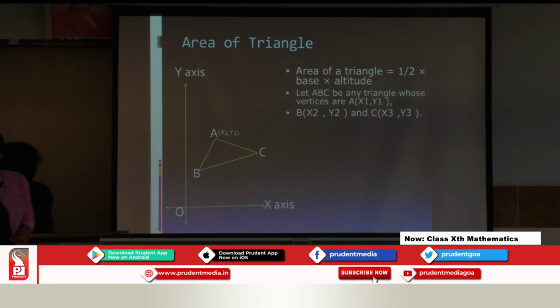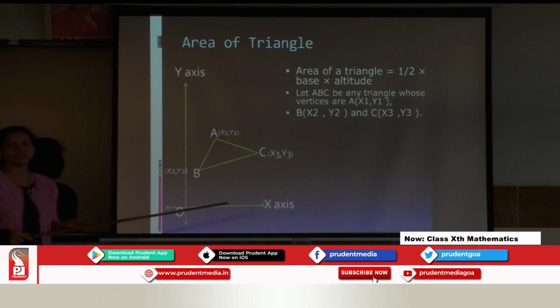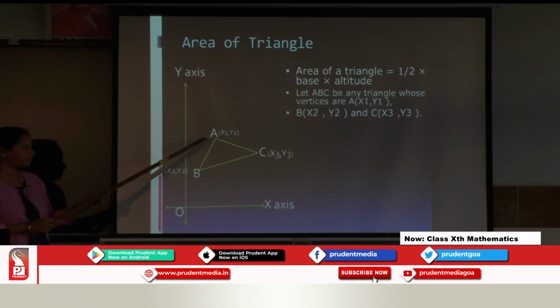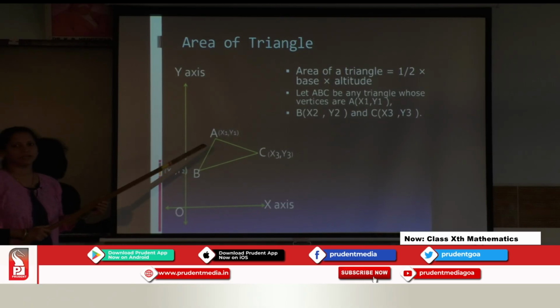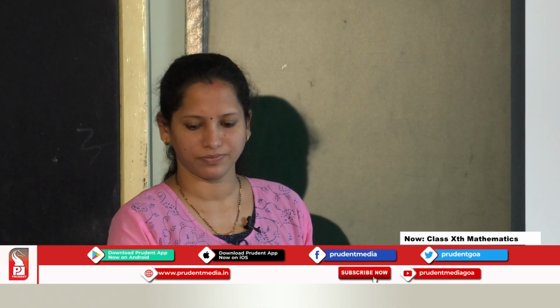If you know these coordinates, then we can find AB, BC and AC using the distance formula. After getting these sides, we have to use Heron's formula. So it will be tedious work, so we have to find some easier way out. So let us see that.